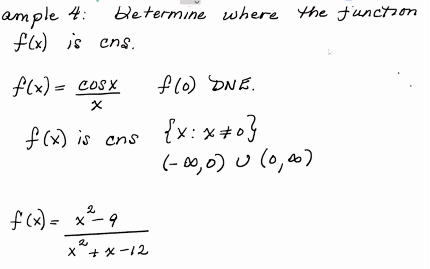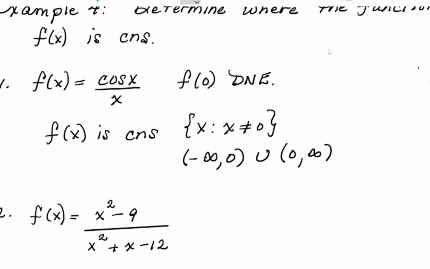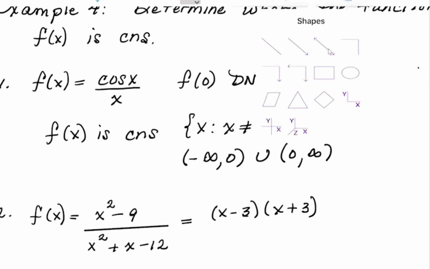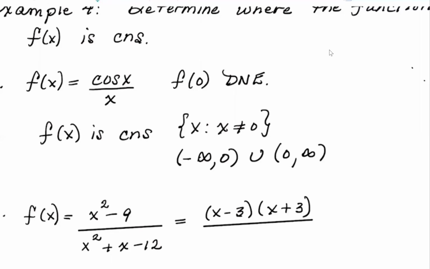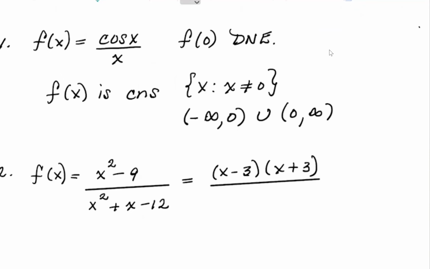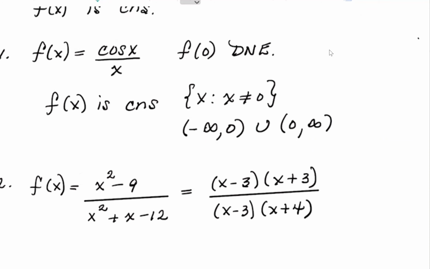In number 2, we're going to factor this. So we're going to get x minus 3 times x plus 3, and then in the denominator, we're going to get x minus 3 times x plus 4.